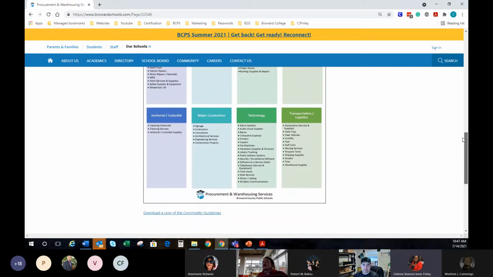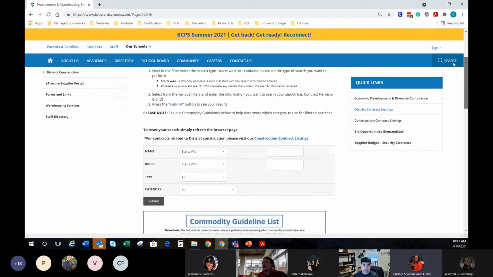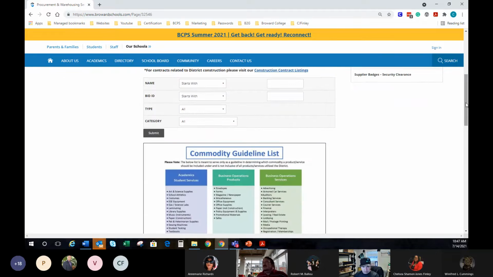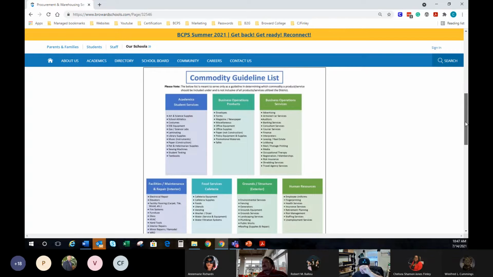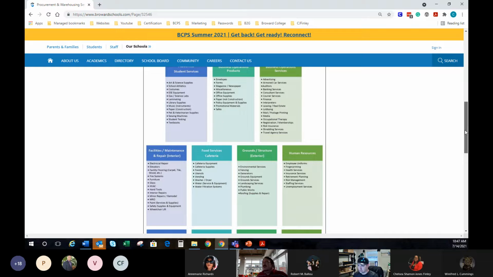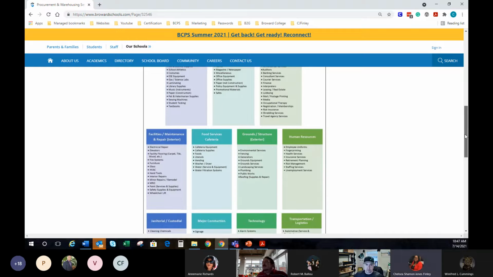And again, it goes into different areas, different services and commodity and goods like academics, business operation products, facilities and maintenance, food services. Yep, we buy food for the students. And those are all done on an ITB. Ground structure, human resources. I also handle human resources as well.